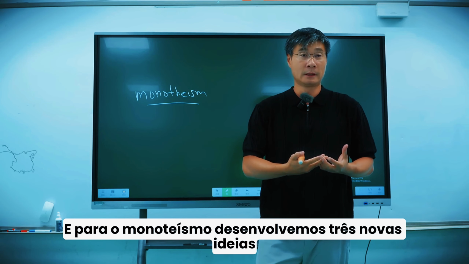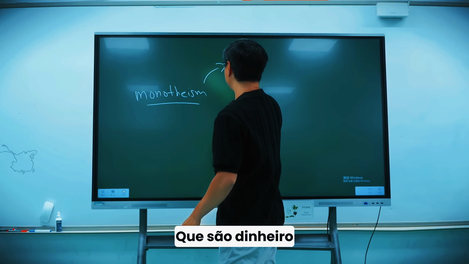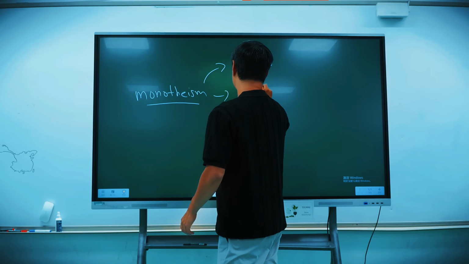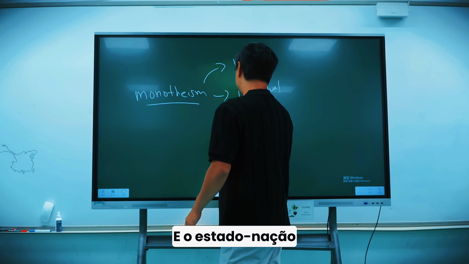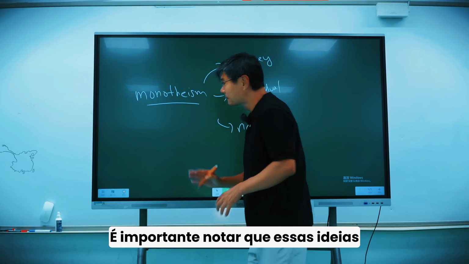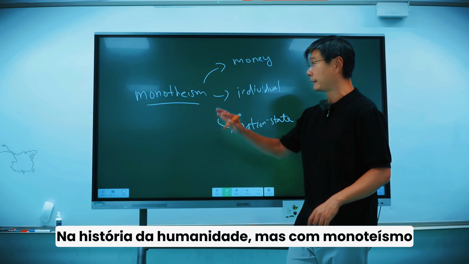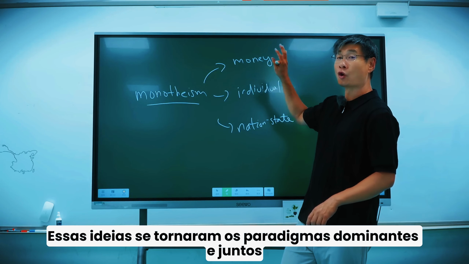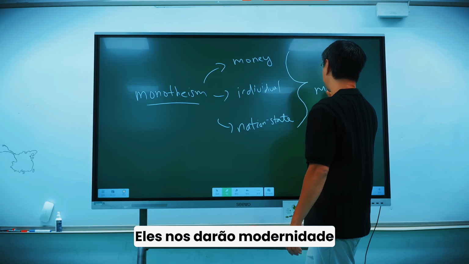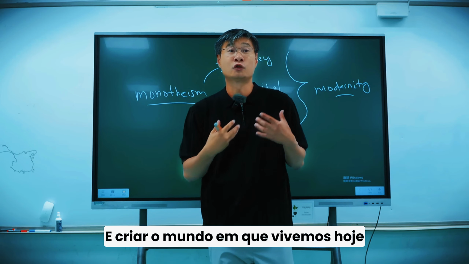From monotheism, we developed three new ideas, which are money, the individual, and the nation state. It's important to note that these ideas have always existed in human history, but with monotheism, these ideas became the dominant paradigms. Together, they will give us modernity and create the world that we live in today.